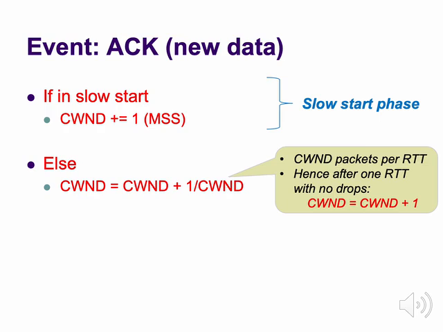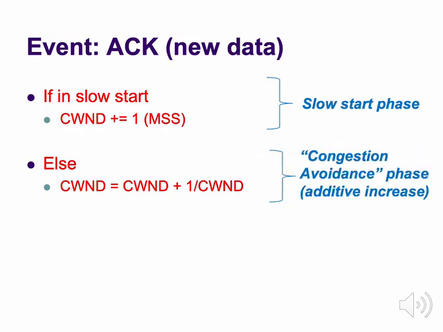Since we receive C-wind packets per round trip time, after 1 round trip time we would have invoked this rule C-wind times, and so we would have increased the C-wind by 1. Okay. This phase, and I'm introducing a new term here, we call the congestion avoidance phase. This is what we've been calling additive increase. In terms of the TCP state diagram that we're going to get to in a few slides, this is what we call congestion avoidance.